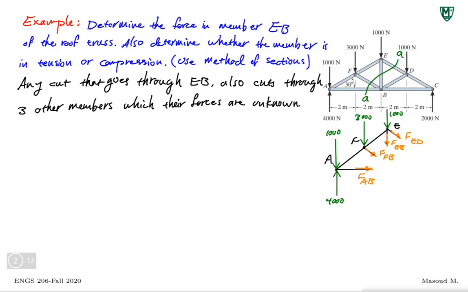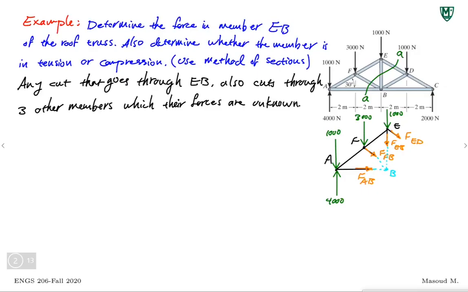If I look at this cut, I cannot find FEB there, but I might be able to find a different force. Right, looking at this, let's follow the line of action for these forces. This is here, and this is there. They all meet at point B, or they should, if I didn't draw it badly.